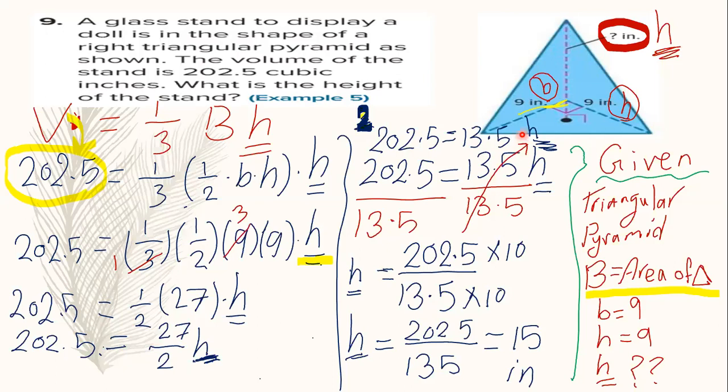We will divide by 13.5, so H equals 202.5 over 13.5.